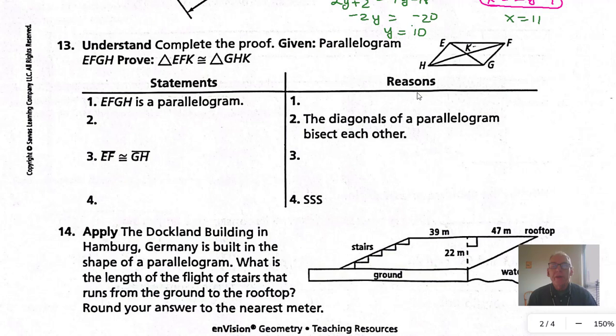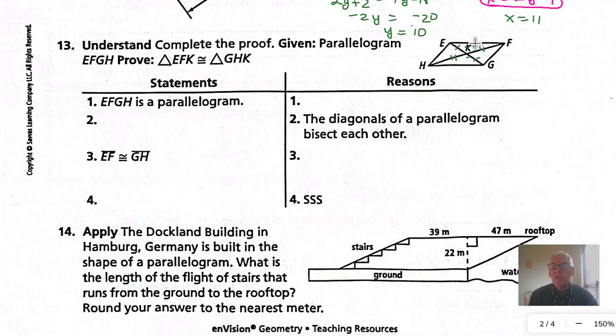Okay, we want to prove that EFK is congruent to GHK. One thing that we did in looking at this, we have vertical angles congruent here. We're given that we have a parallelogram, so diagonals are going to bisect. So we can see that they're using side, side, side.